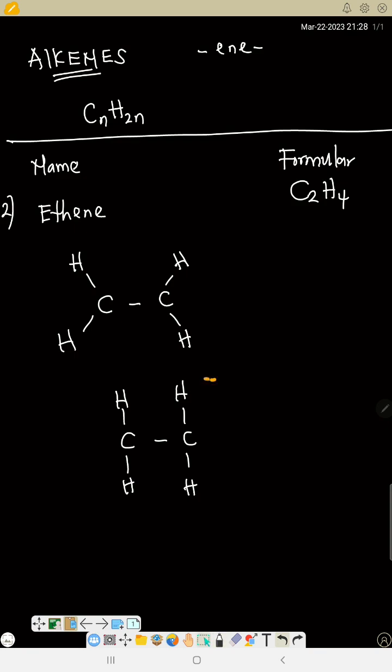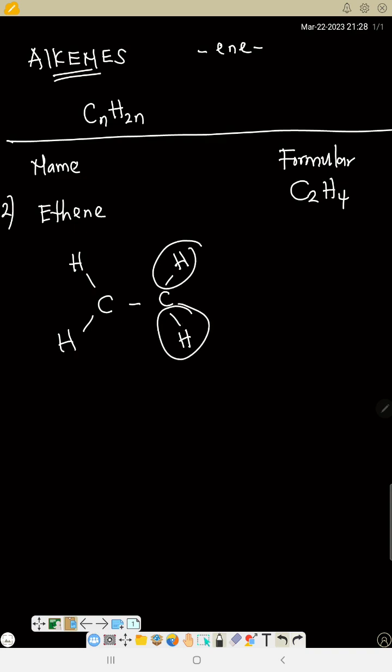Now let me explain the pattern. How many bonds do you have in hydrogen here? 1, correct. How many bonds do you have here? 1, correct. But look at the carbon. How many bonds? 1, 2, 3. That means it's not correct. Carbon must have 4 bonds, and you can't attach it to empty space because there must be hydrogen, and the hydrogen is complete, so there must be a double bond.